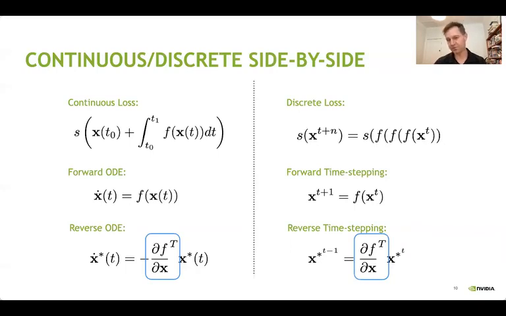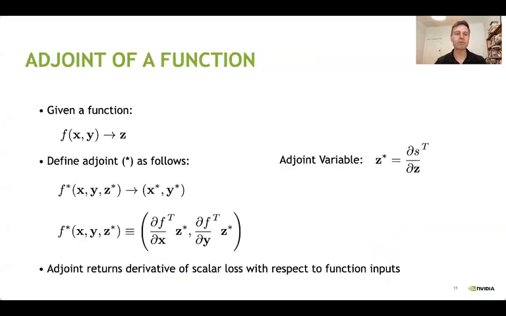So for the discrete case, if our simulator is f, how do we compute a gradient of an entire simulator? Well, we can start just by looking at a simple function. Given a function f of two variables, x and y, it produces some new quantity we'll call z. And similar to what we did with the adjoint of a variable, we can define the adjoint of a function.